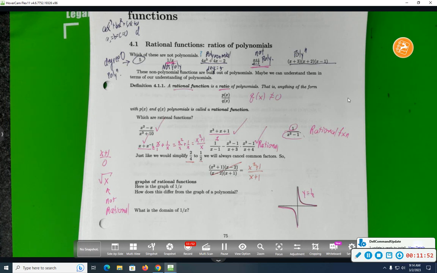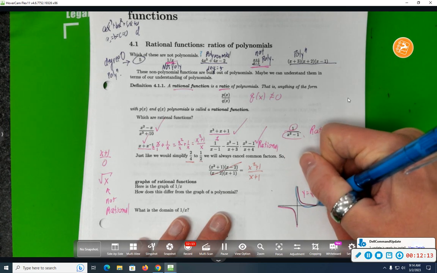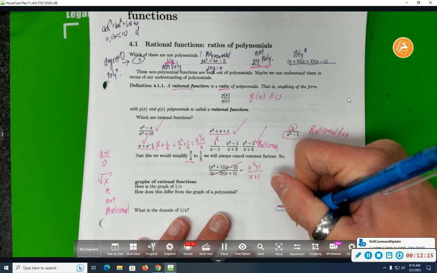Tell me something that distinguishes this from the graph of a polynomial. Yeah, it splits off into 2 and doesn't look like it oscillates. So here are some things to think about. It splits off into 2. The graph is disconnected.